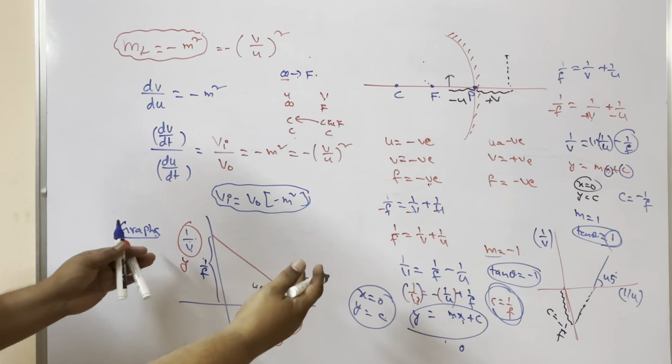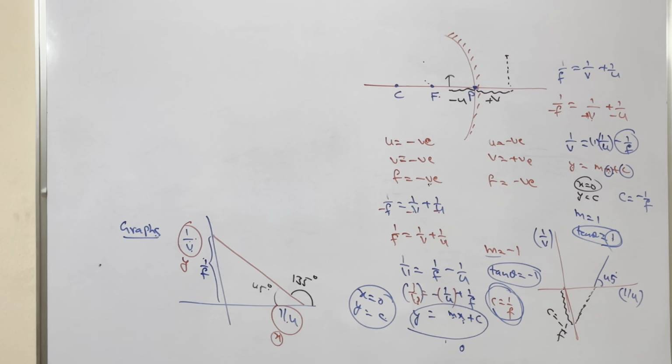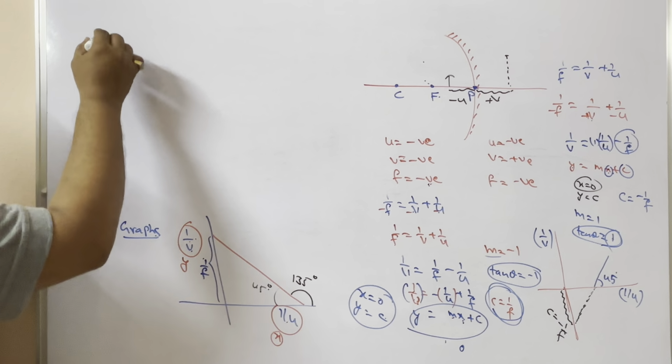So, if you combine both the graphs, how will the graph come? Just we will see. So, both the graphs combined means like this.